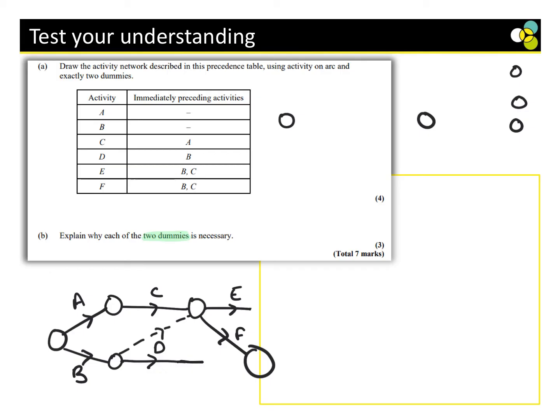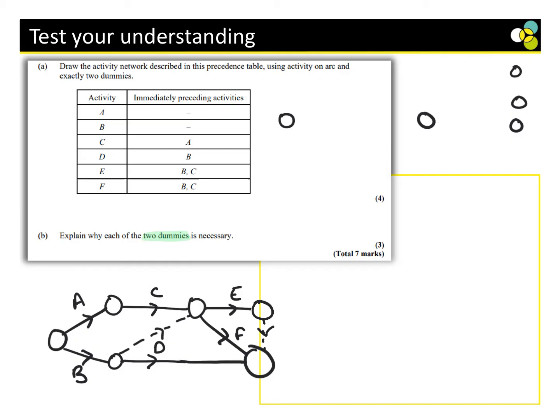D can just make that straight line connecting there. That's all I did, made a straight line. And then for E to F, as I said earlier when I meant two straight lines couldn't go in, what I mean is they can't come from the same place and go into the same place. So because E needs to get to the end as well, we are going to have to have another dummy here.